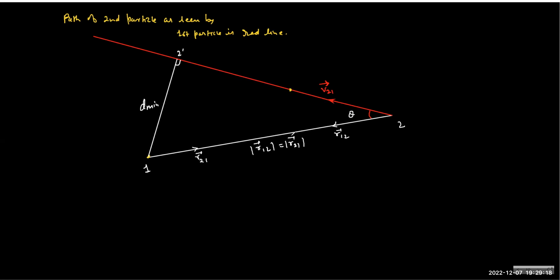Tell me. D minimum in terms of R12, the mod value. Just use the triangle, no? In this right angle triangle, what is the D minimum? Tell me, guys.